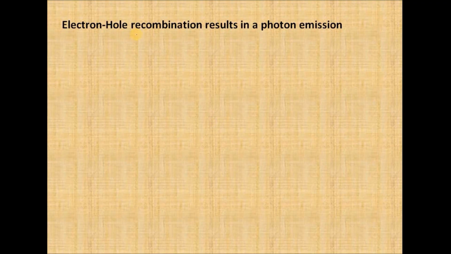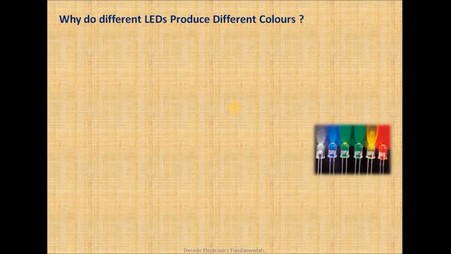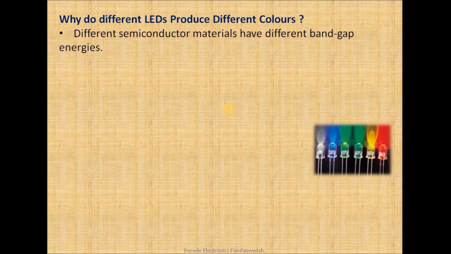Now, the electron hole recombination results in a photonic emission. This is a very simple animation which shows that when an electron and a hole get recombined, a photon is released. Now the question is, why do different LEDs produce different colors? The answer is very simple. Different semiconductor materials have different band gap energy. Band gap is a material characteristic which differs from material to material.